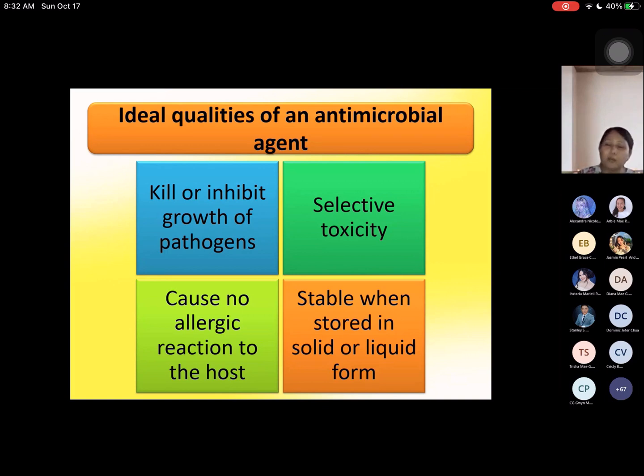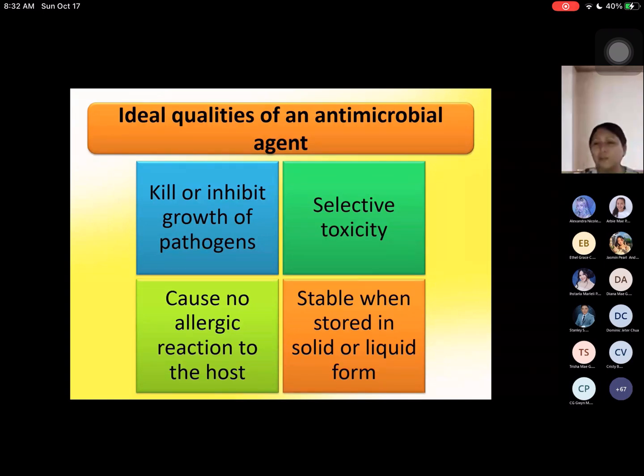Next, stable when stored in solid or liquid form. So when they are solid, they should not change in their physical form. They should not liquefy, or in liquid, they should not solidify. So whatever their original form, they should be stable.